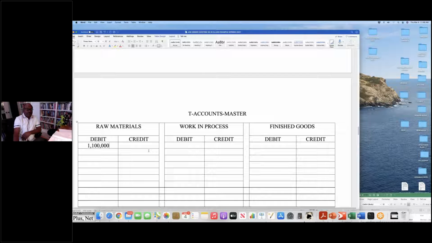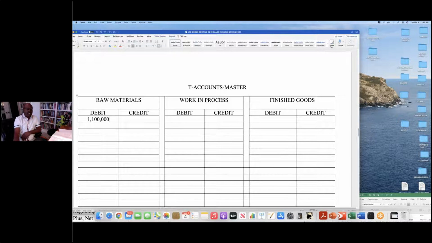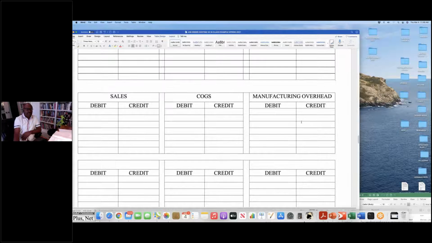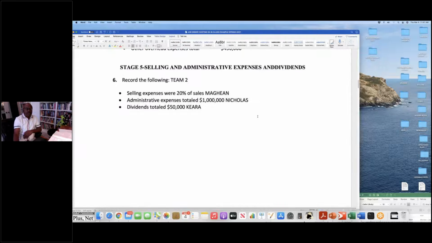In the manufacturing accounts, we have raw materials, work in process, finished goods, sales, cost of goods sold, manufacturing overhead. And I guess I'll put selling expenses in here. Okay. So we're on our way.